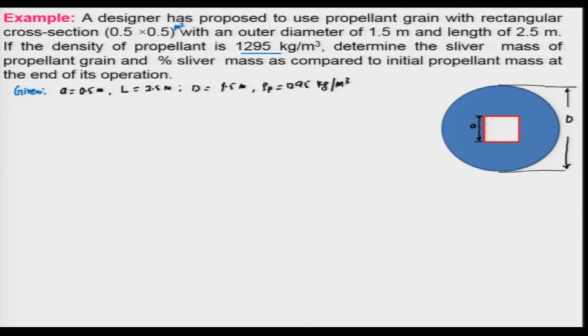So, let us look at what will be the sliver mass, and for that we will have to consider how this regression is taking place in this rectangular cross section propellant grain.